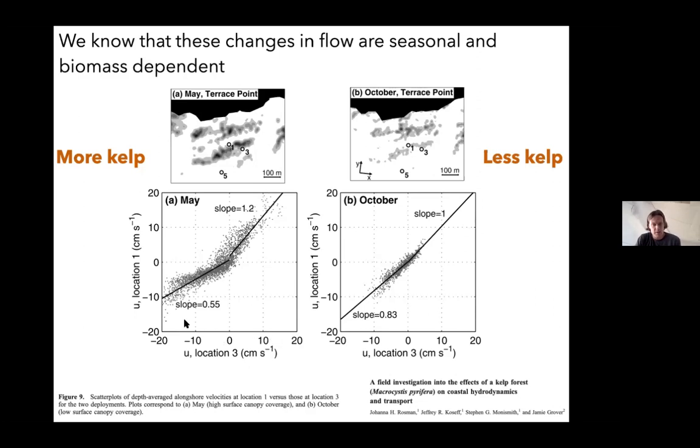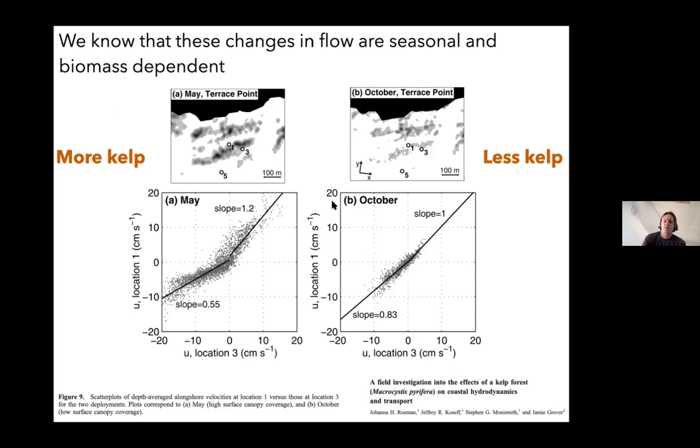This is comparing station 3 to station 1, and if the flows were identical between these two locations, we would expect these point observations to basically fall on a line that runs 45 degrees through this plot. Instead, there are significant deviations from that 1-to-1 line, showing significantly reduced flows at one location relative to another. And not only are there reduced flows, but there's basically an asymmetry with regard to the direction.